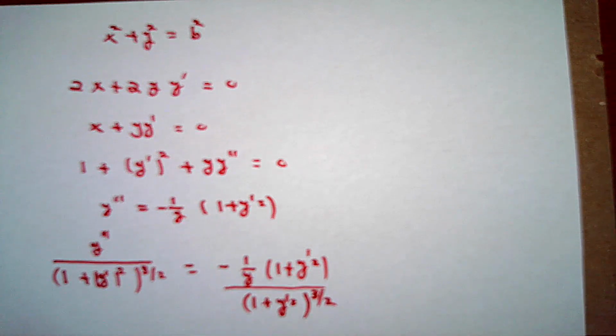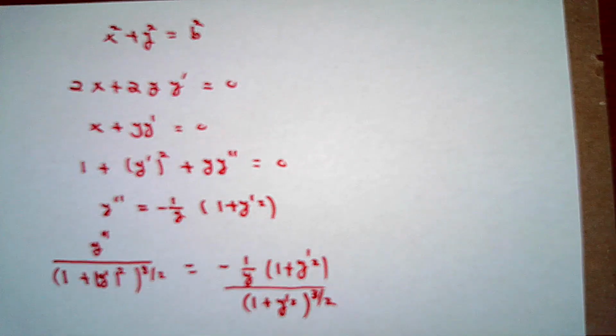One way to calculate the curvature would be to solve x squared plus y squared equals b squared for y in terms of x. That turns out to be pretty messy, though. So what I'm going to do instead is use implicit differentiation. If x is the independent variable, the derivative of x squared is 2x.